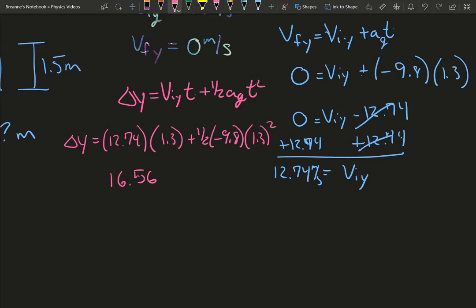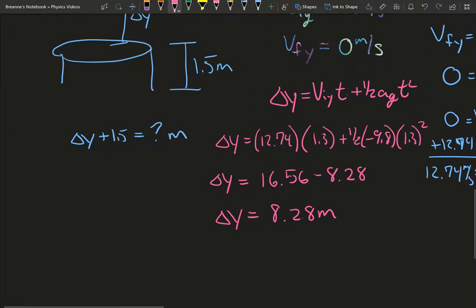Then you simplify this. First you have to do 1.3 squared. Then you can multiply by your negative 9.8. And then you can multiply by your 1/2. And so you get negative 8.28. Then you just subtract those two numbers, and you get that off the trampoline, she jumps 8.28 meters.